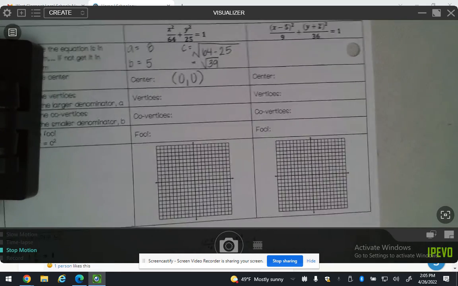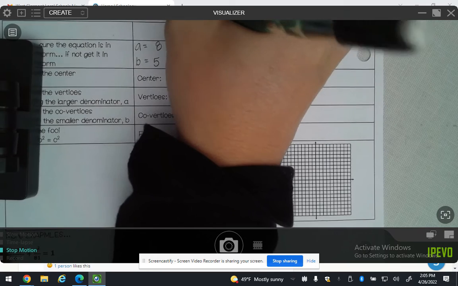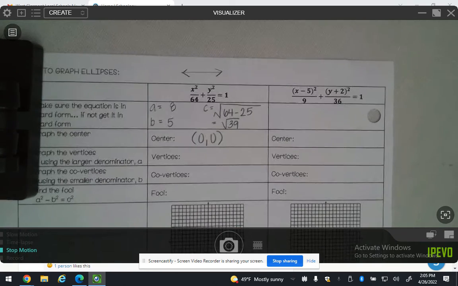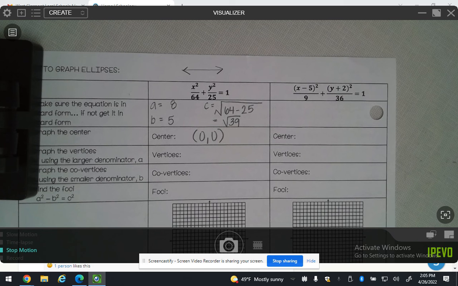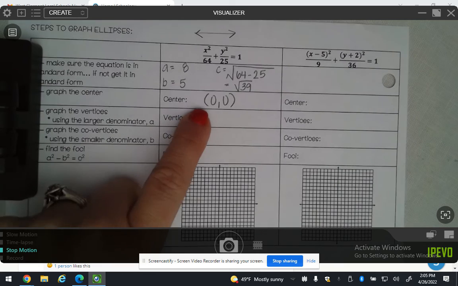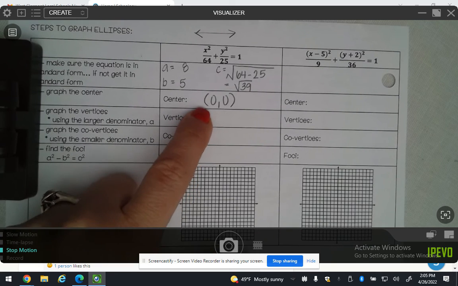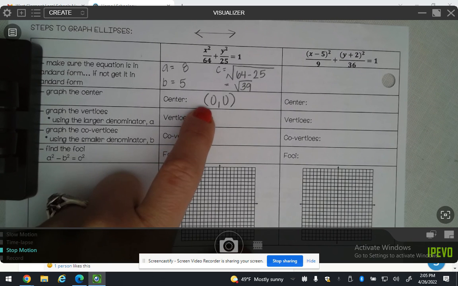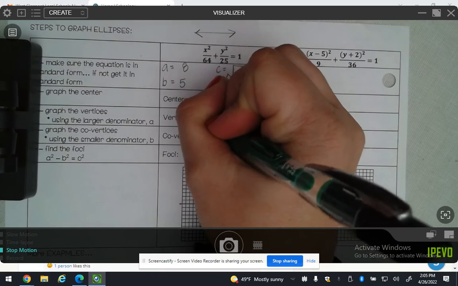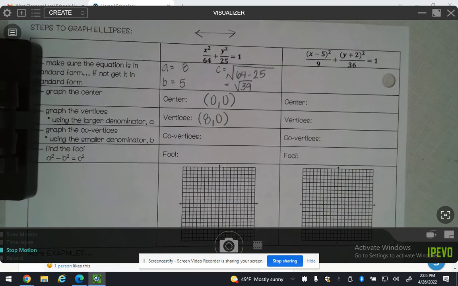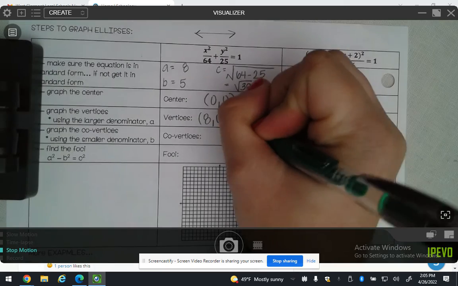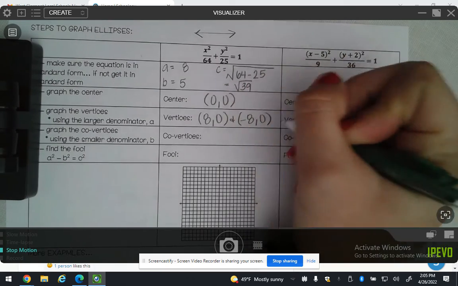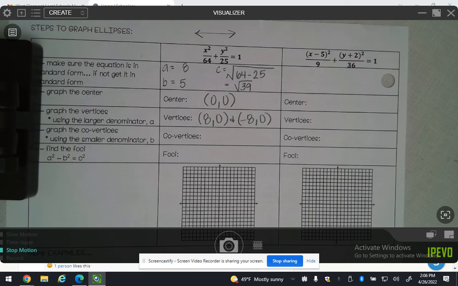So you have to know that this stretches horizontally, and your horizontal is your X. So I take my A value and add it to the X coordinate of my center, and subtract it from the X coordinate of my center. If I add 8, you get 8, 0, correct? And if I subtract 8, you get negative 8, 0. Does that make sense? Because it's stretching this way.